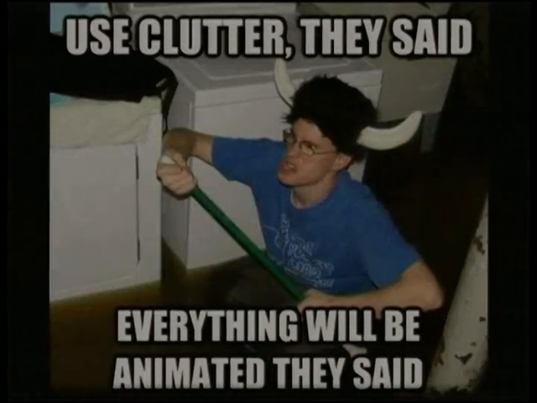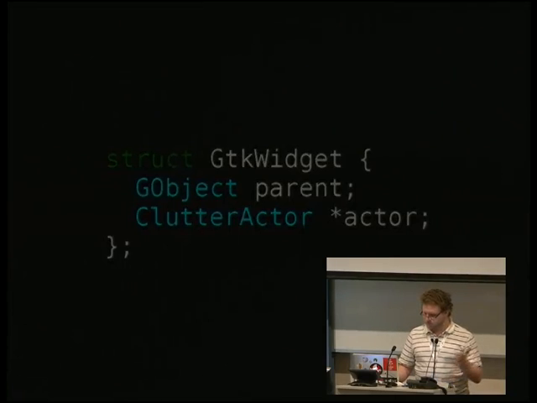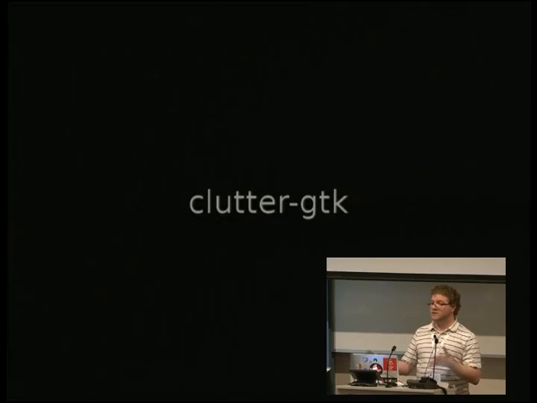So instead of chucking everything away and rewriting on top of a canvas, why not make GTK use a canvas? So we can transition in a safe manner between the two, the current state and the next state. For instance, like this, who knows? Every widget will contain a tree of actors, for instance, and we can learn from the current usage of the integration library like Clutter GTK that is currently used by GNOME 3 applications that allows you to switch seamlessly between GTK and Clutter in the same process.